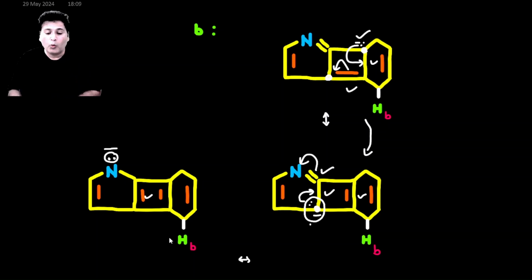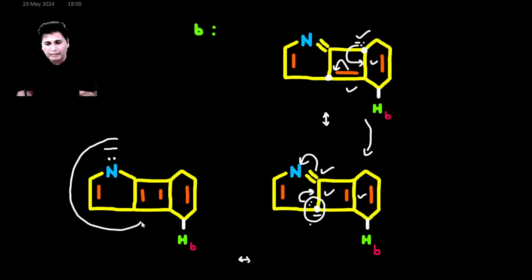Once you arrive at this structure, you find that there is something again unusual coming to this option number B. What is that? If you try to see this particular ring, then you immediately realize that it's a cyclic part.